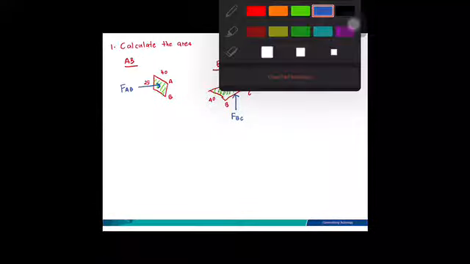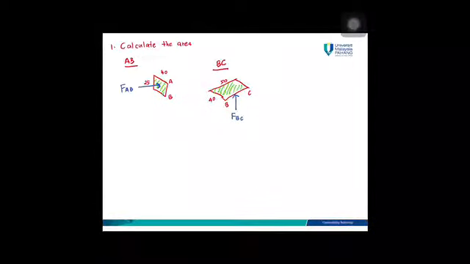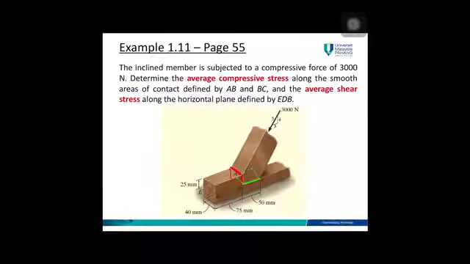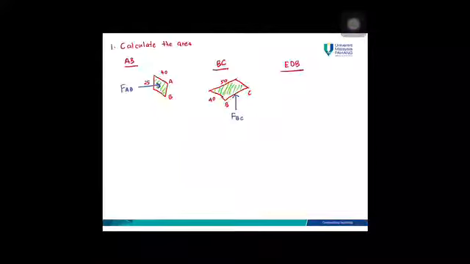And then EDB. From the question, EDB. This is your area for EDB. Now you draw the EDB area. EDB.